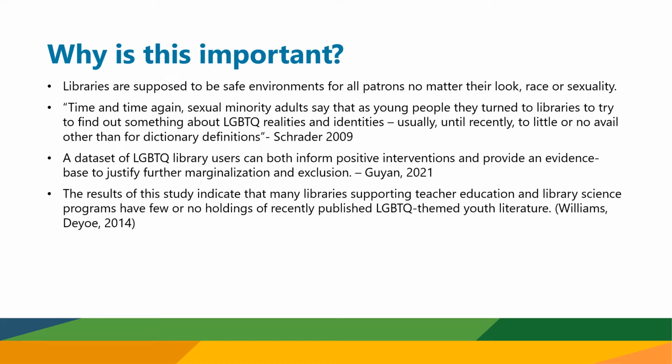Schrader stated that time and time again, sexual minority adults say that as young people, they turned to libraries to find out something about LGBTQ realities and identities, usually until recently to little or no avail other than dictionary definitions. So there isn't a lot of content in the community, which we'll talk about why later, but it's really important for people to be able to see themselves in a safe place like a library.